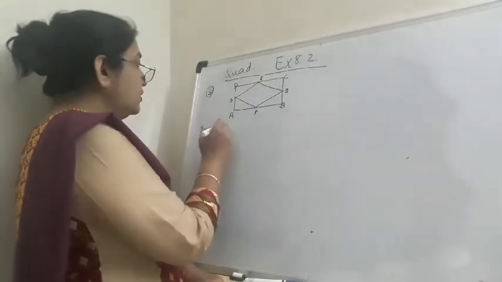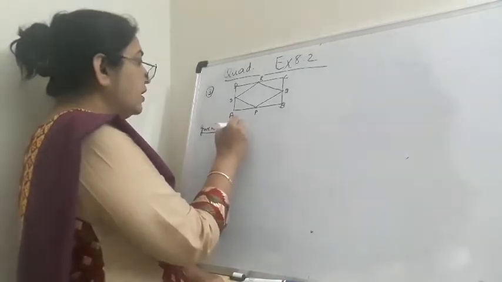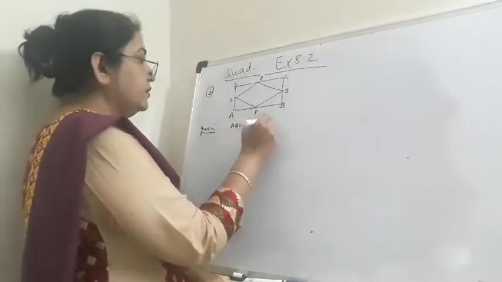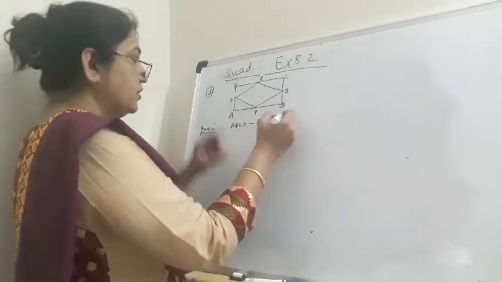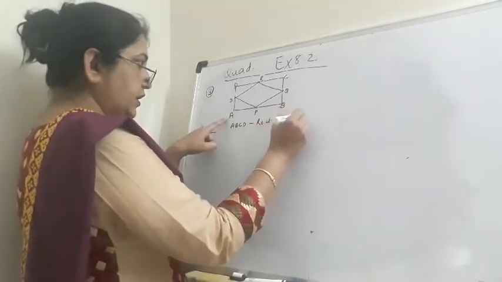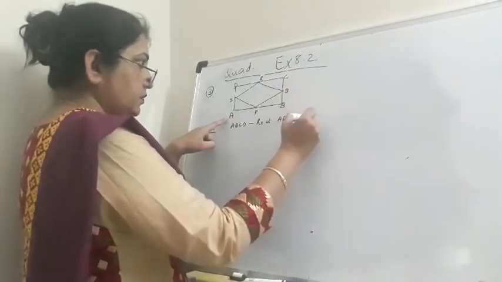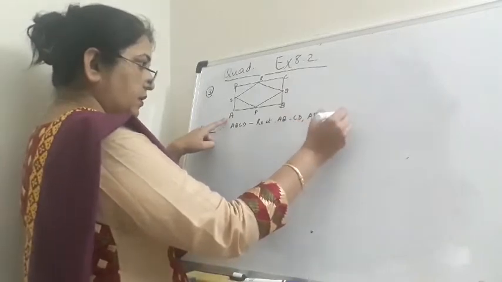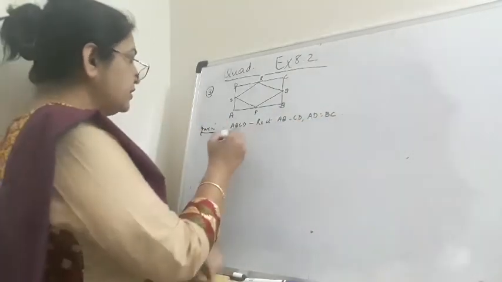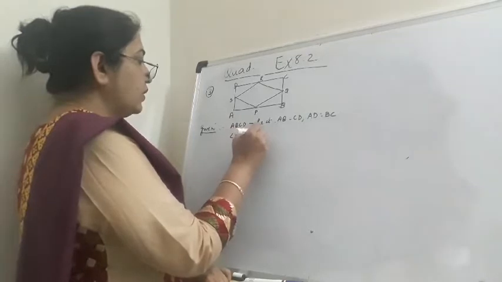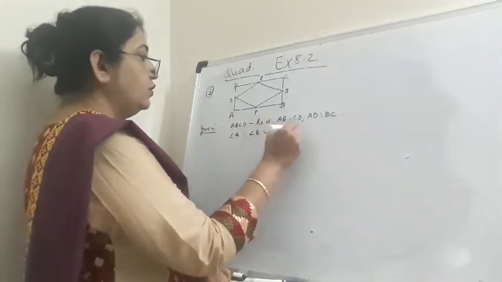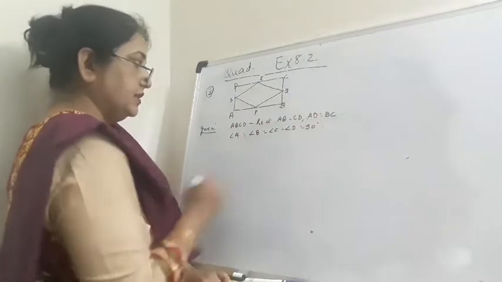In the given statement, you are going to write: ABCD is a rectangle, in which AB is equal to CD and AD is equal to BC. You also know that angle A is equal to angle B is equal to angle C is equal to angle D is equal to 90 degrees.